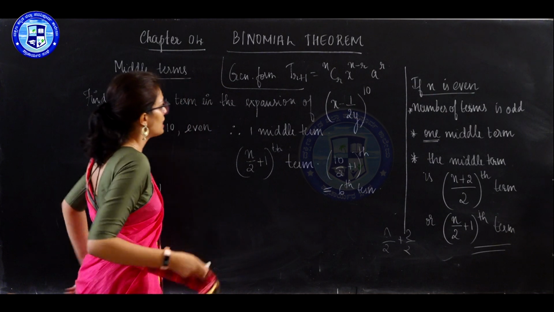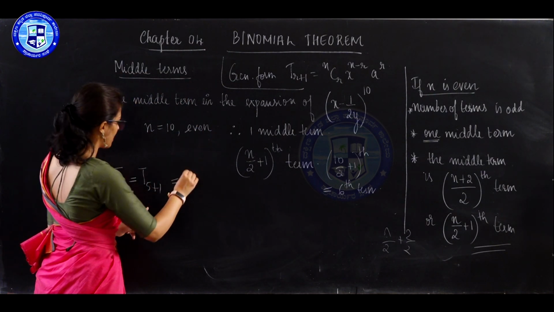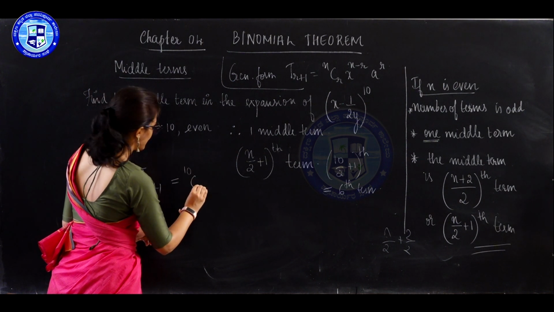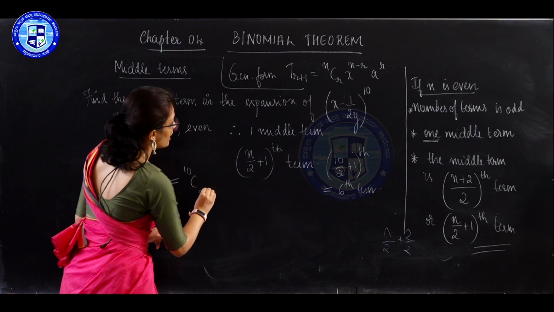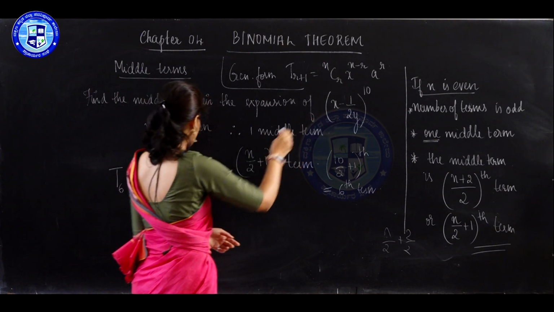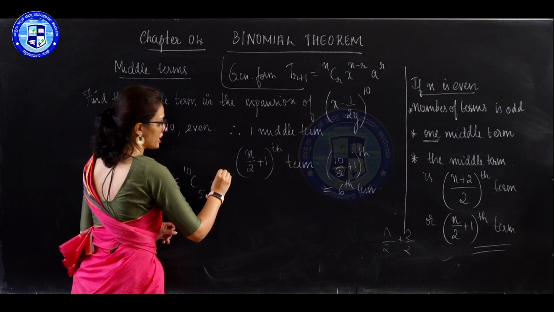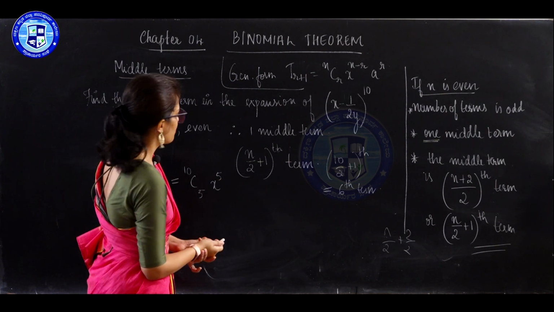Okay. So, let us write this in the general form. So, nCr, so this will be 10C5 x to the power n minus r. In the place of x, we have x itself. So, x to the power 10 minus 5 is 5, then a to the power r.